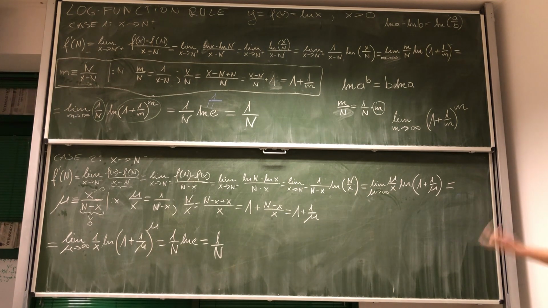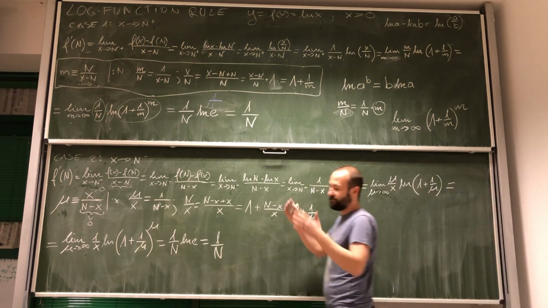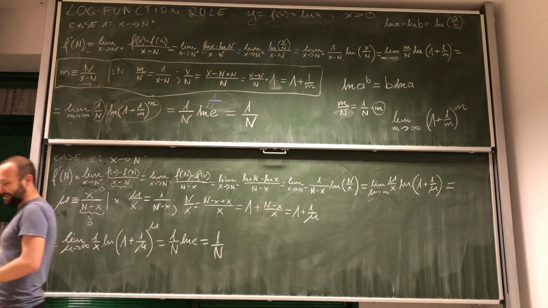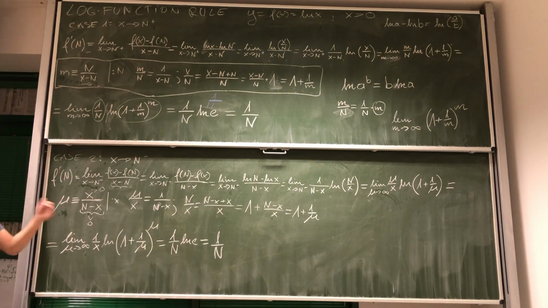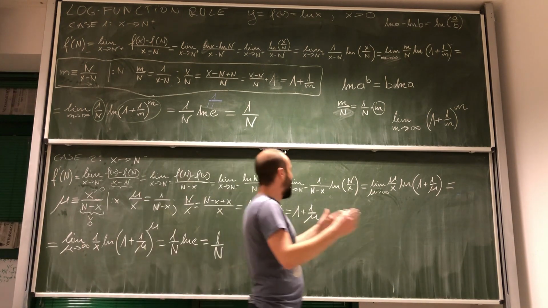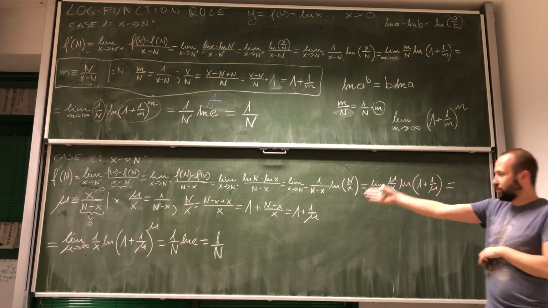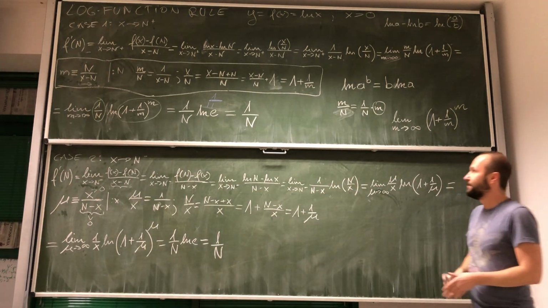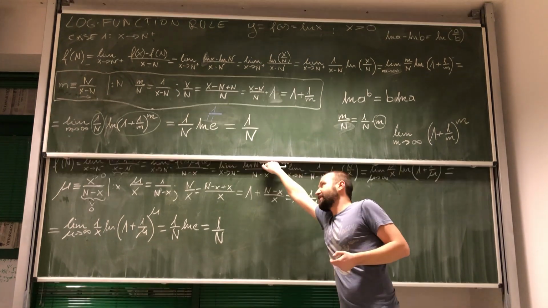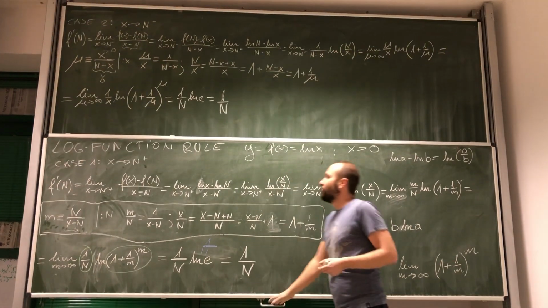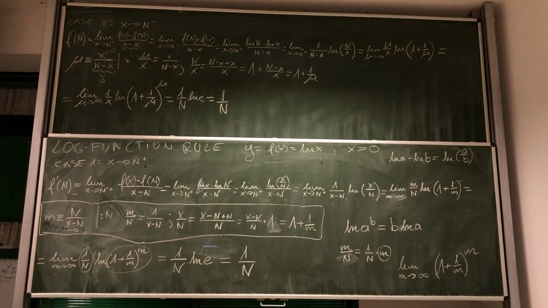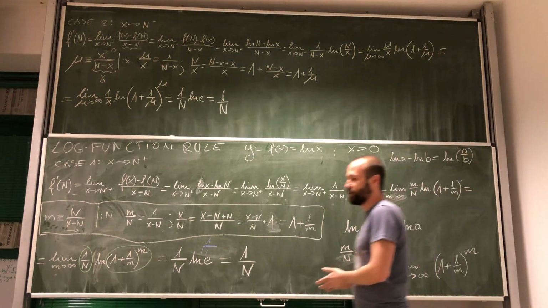And if the left-side limit and right-side limit are equal to one another, it means that the limit exists and is equal to 1 over n. So, by that, we have obtained the logarithmic function rule.